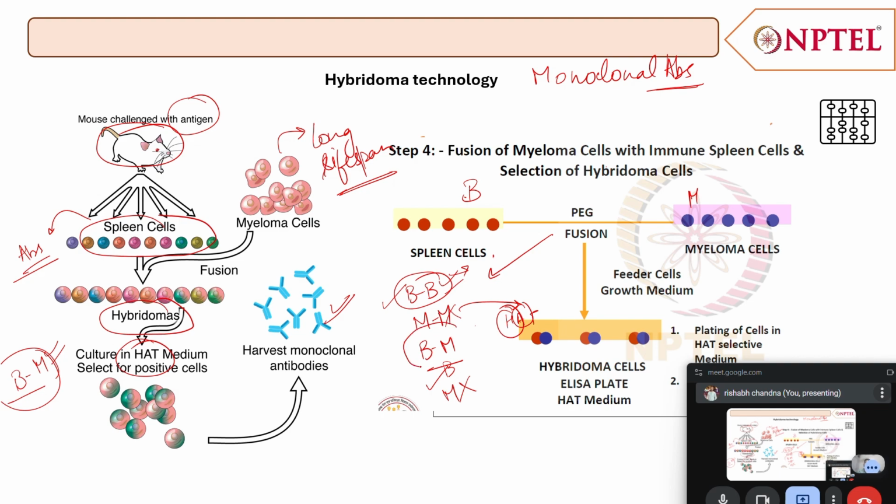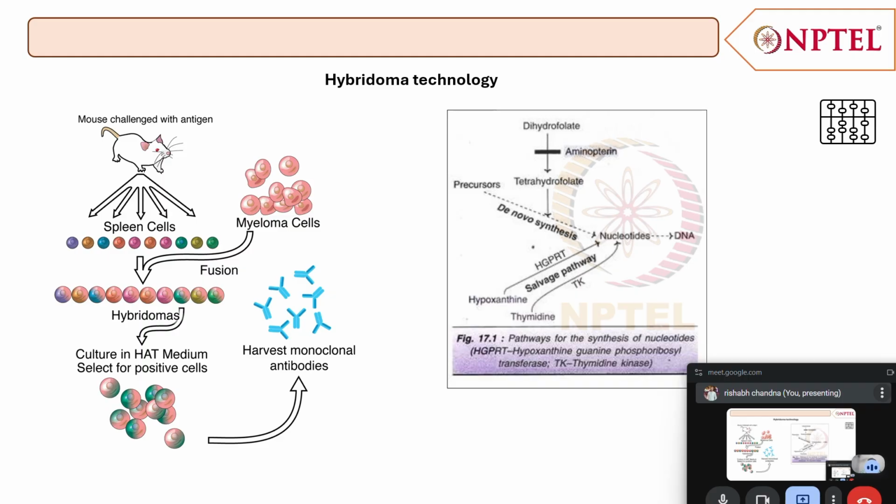The ones that grow in this media are the fusion products of the B and M cells, because they have a lifespan longer than normal B cells, and they can grow in this media because they are HGPRT positive thanks to the B cells. So now we have selected these cells, and then we'll isolate the monoclonal antibodies from them.